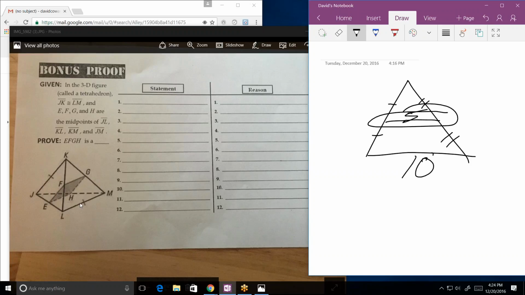Now notice something very clever. If you look at EH, that's the midsegment of which triangle? JLM. Right. Whose base is LM. So EH is what? Equal to half of LM.